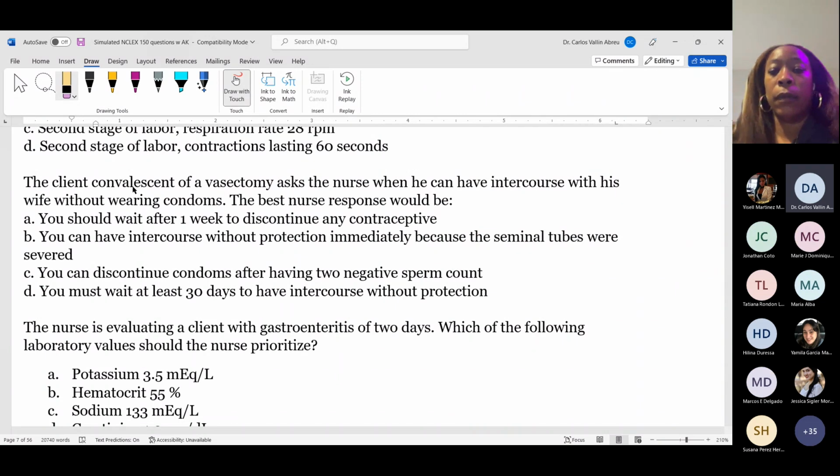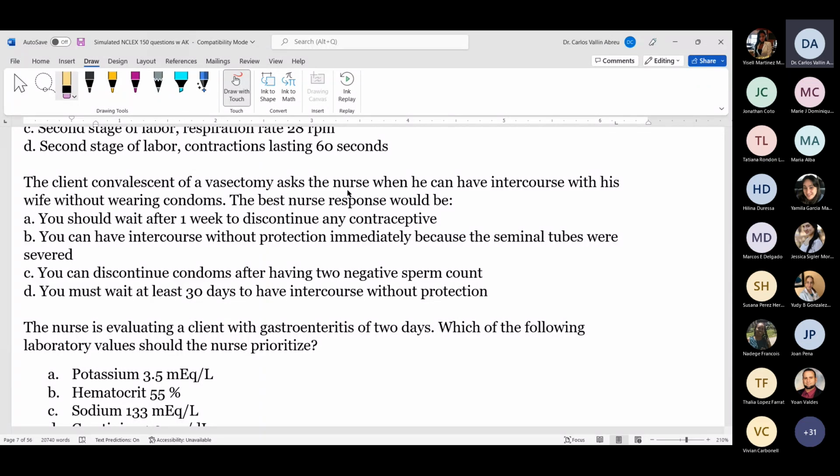A client in convalescence from a vasectomy asks the nurse when he can have intercourse with his spouse, with a partner, without wearing condoms, without the fear of having an undesired pregnancy. That's why the guy went for the vasectomy.